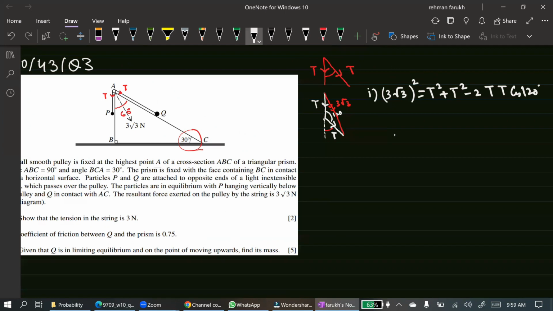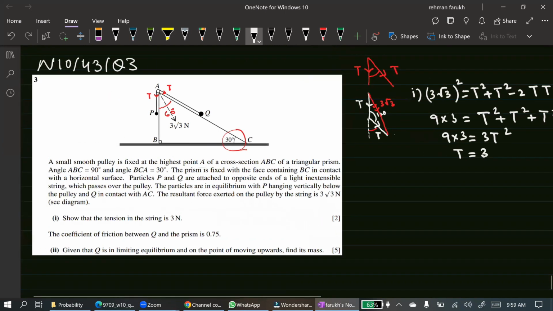Cos 120 is negative 1 by 2. 9 into 3 is T square plus T square plus T square, 3T square is equal to 9 into 3, T is equal to 3. So for part number 1, the tension in the string is equal to 3 newtons.